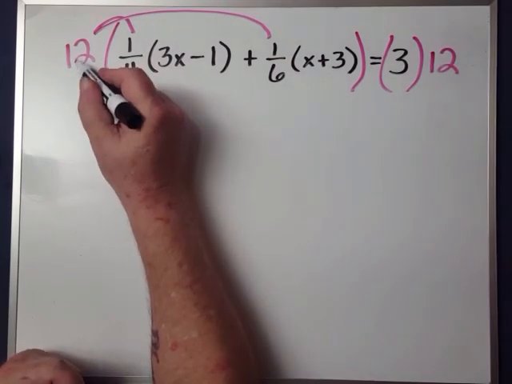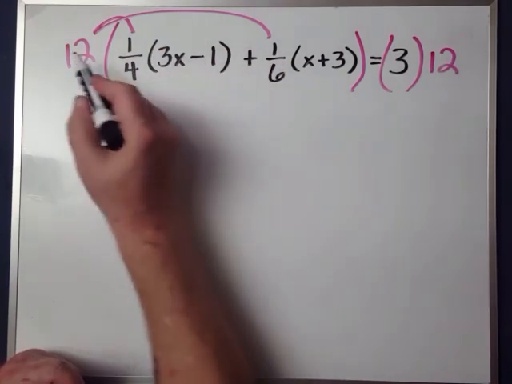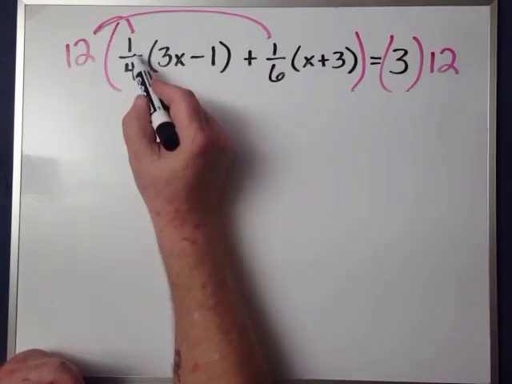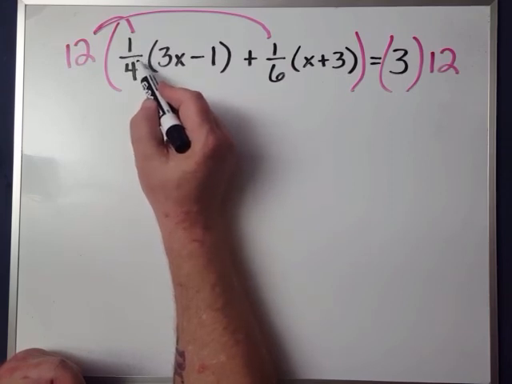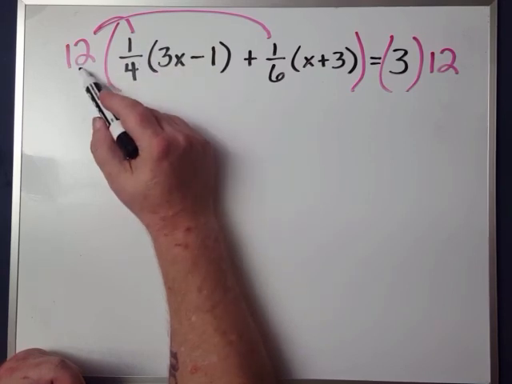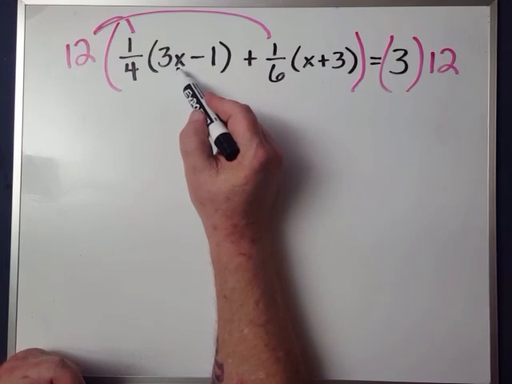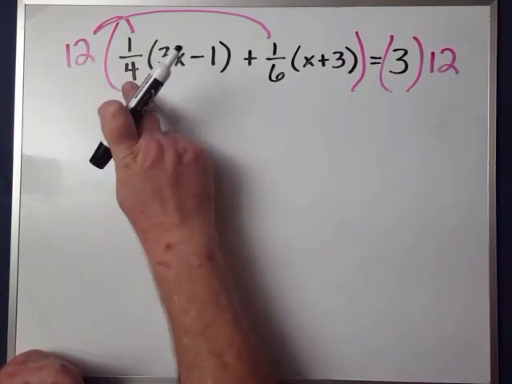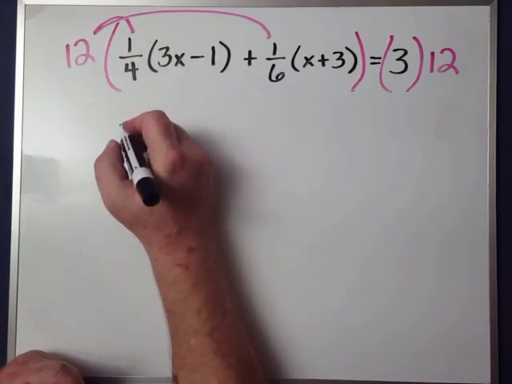As we distribute this 12 to this first term, the 12 is going to multiply times the 1/4, and we'll get 3. A quarter of 12 is 3. The pink 12 will never make its way inside the black parentheses. 12 times a quarter times that. 12 times a quarter is 3.